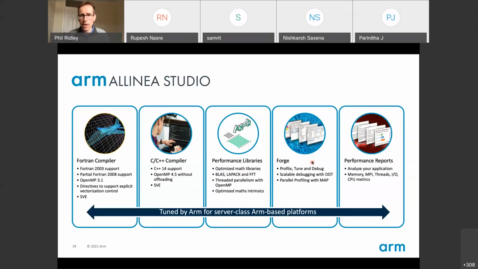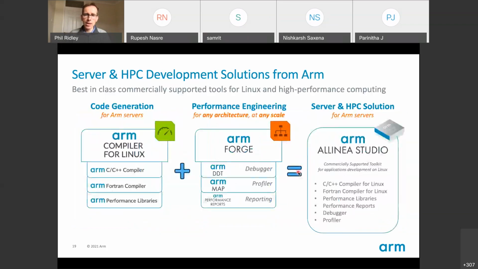So if you look at ARM Linear Studio as a whole, you get quite a lot of tools. I'll cover those in some detail for the rest of the talk. This slide really just describes what ARM Linear Studio is in another diagram.